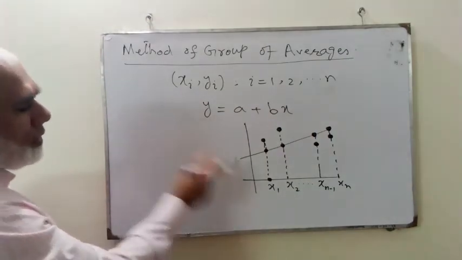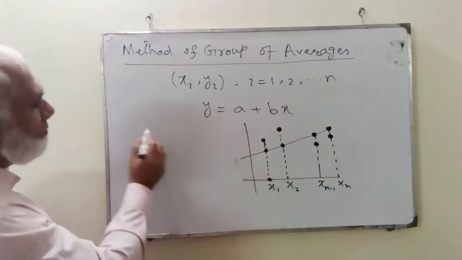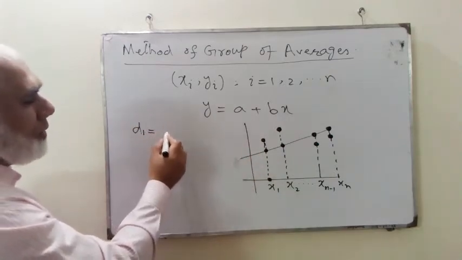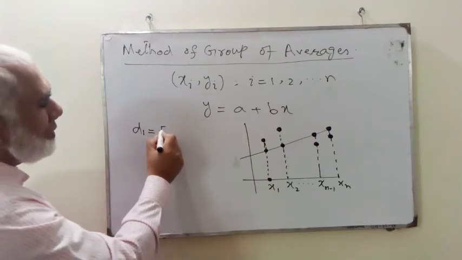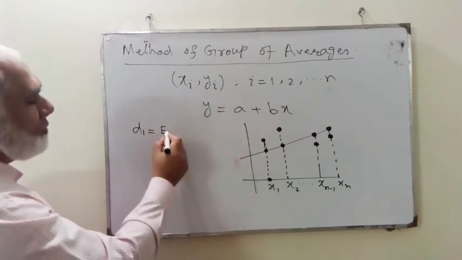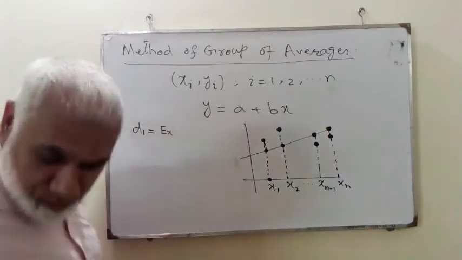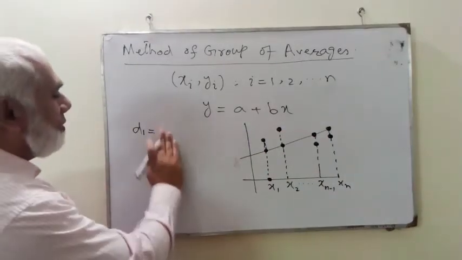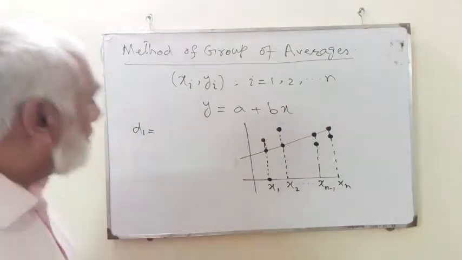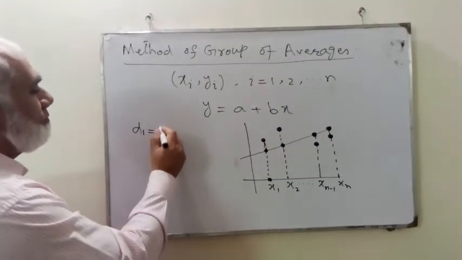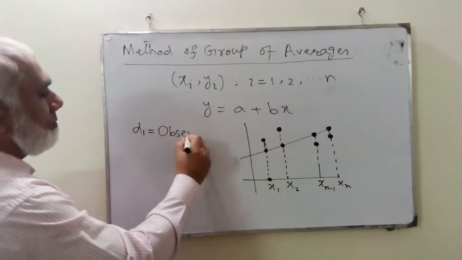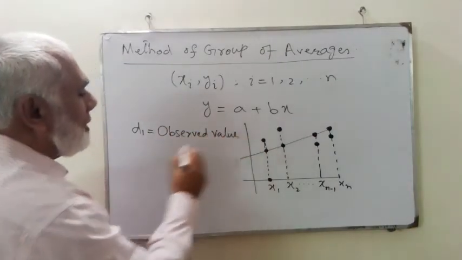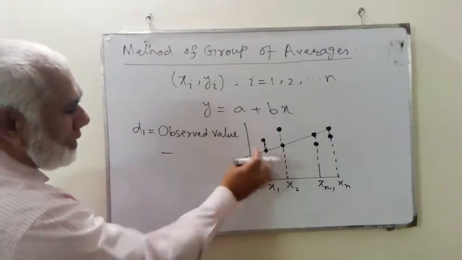We show the deviation corresponding to the first point x1 by d1. So d1 will be the difference between the two values: the observed value minus the expected value.